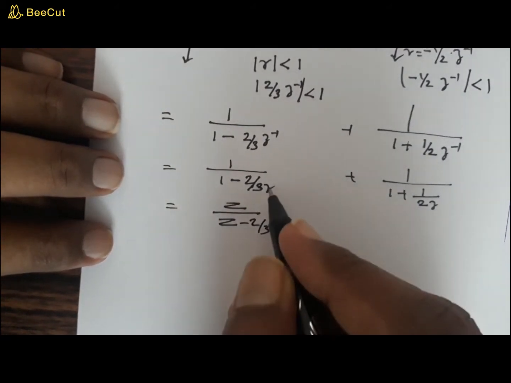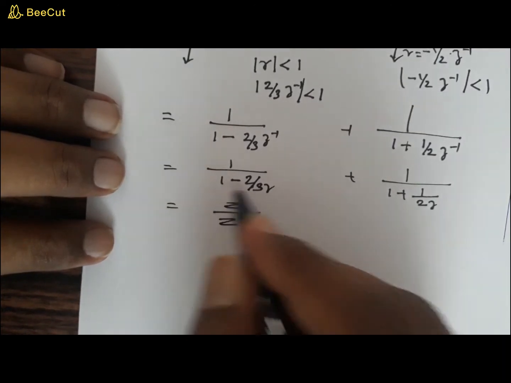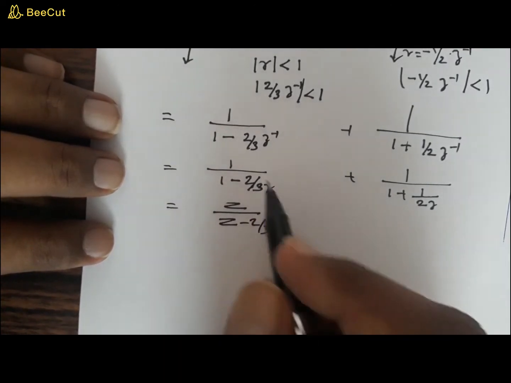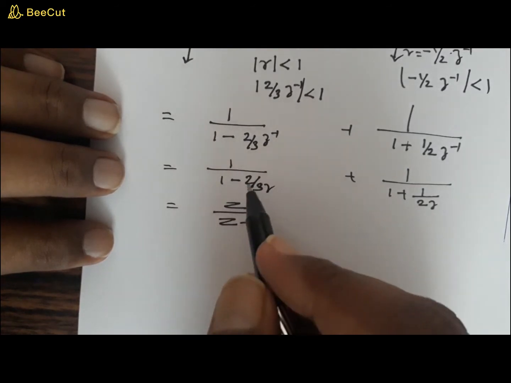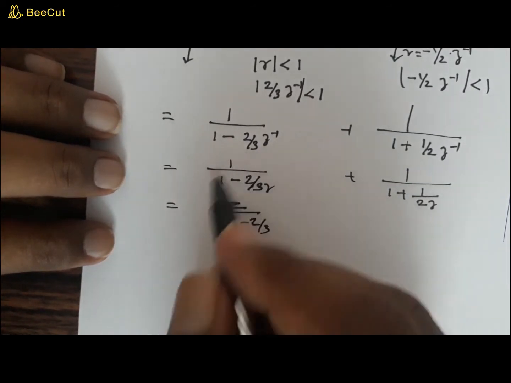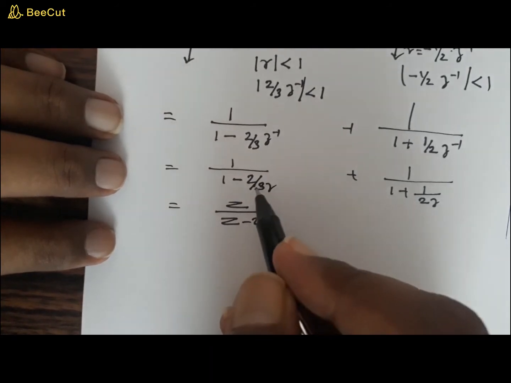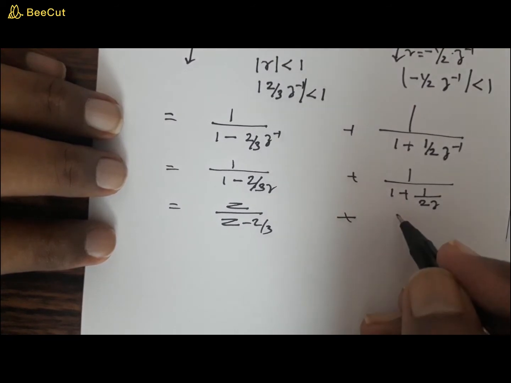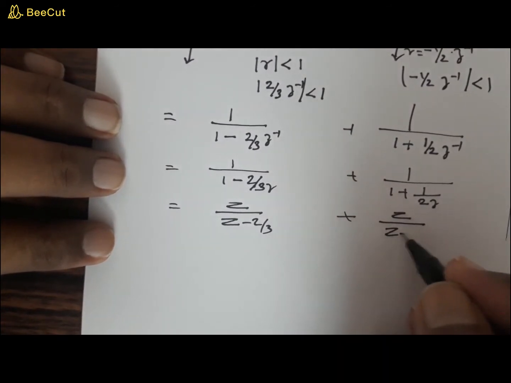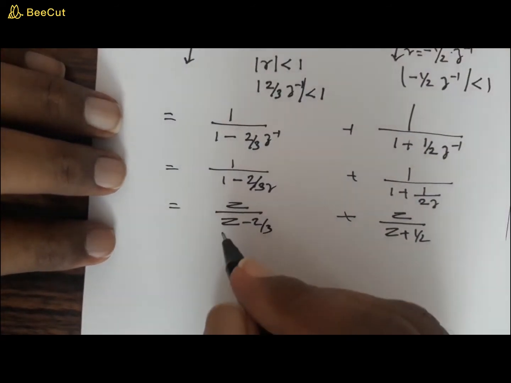How will you do this? Take this LCM, so this becomes 3z minus 2 in the numerator, in the denominator you will be getting 3z, then you may take 3 outside, so that 3 and 3 cancel. So you may just do it by yourself. Similarly you can prove this part as z by z plus half. Okay, so this is it.